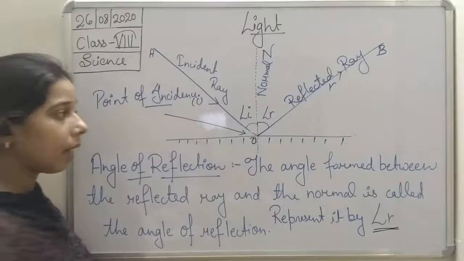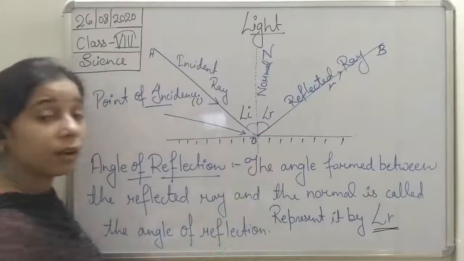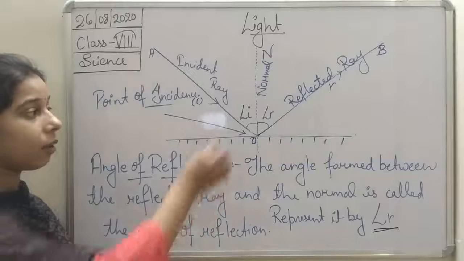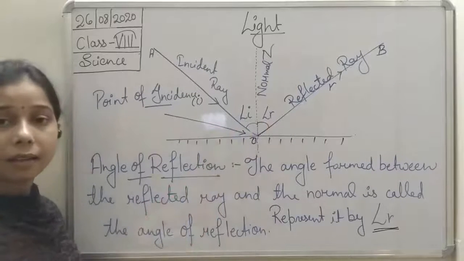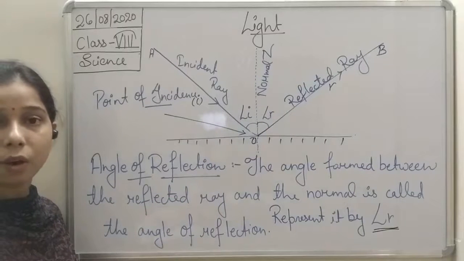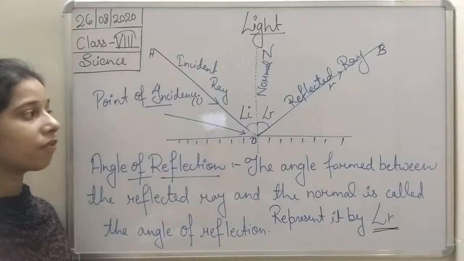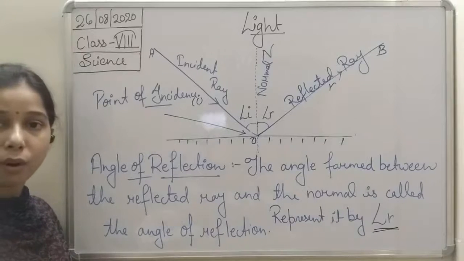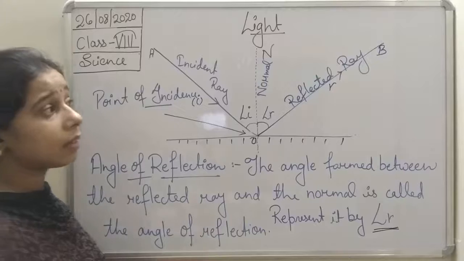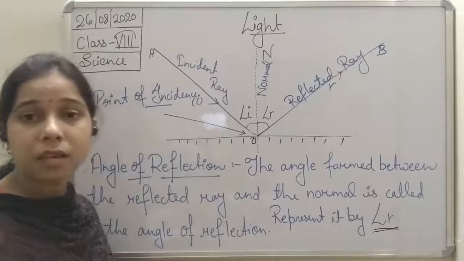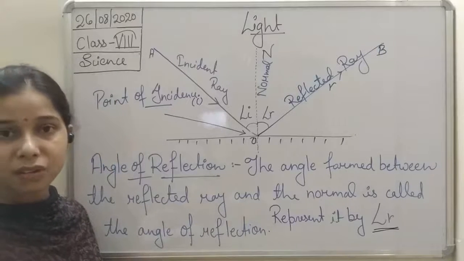So angle I is the representation of the angle of incidence, and angle R shows the angle of reflection. One is the angle of incidence, another is the angle of reflection. These are some terms related to the reflection of light.